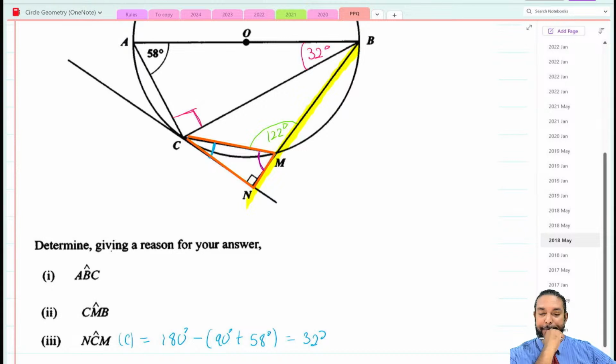That is interesting. Right, so 180 is because angles in a triangle sum to 180.